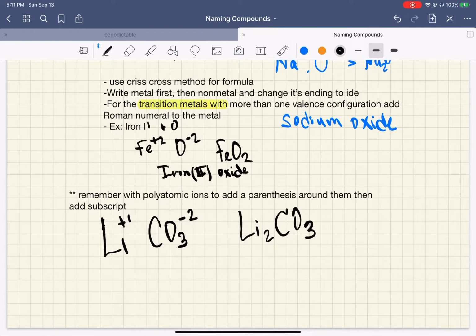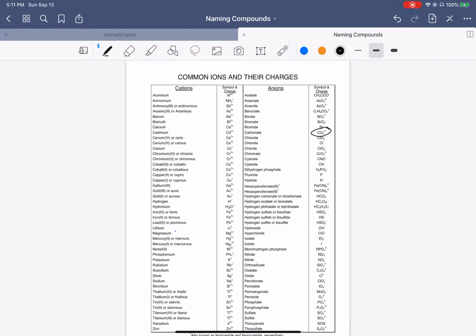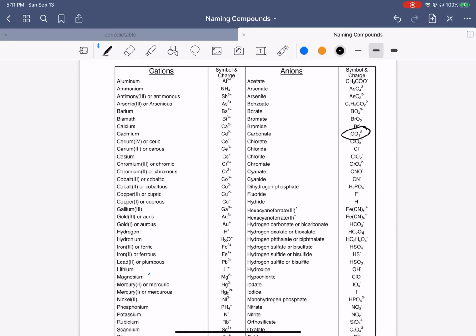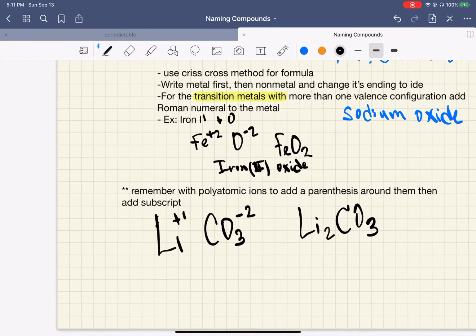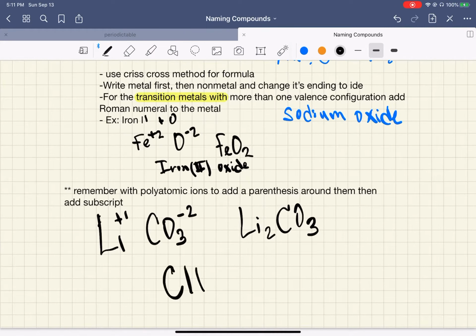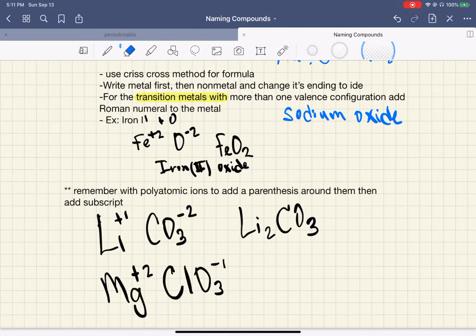So when we go through and crisscross, that's just going to be Li2CO3. Now, let's pick one where it would change. Let's do chlorate. ClO3 -1. And we're going to do magnesium chlorate. Okay, when we do the crisscross method, we got to make sure that we keep the ion intact here.